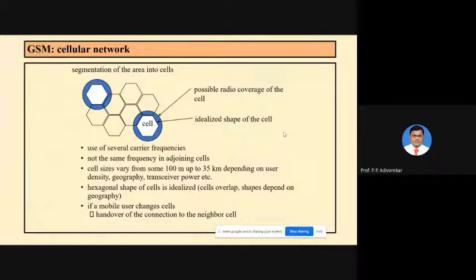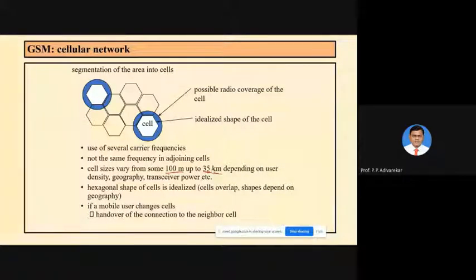Now what is the size of the cellular system, or the coverage area? What is the cell size we consider? Depending on the number of users within a particular city or village, the cell size varies from 100 meters to several kilometers, depending on the user density.